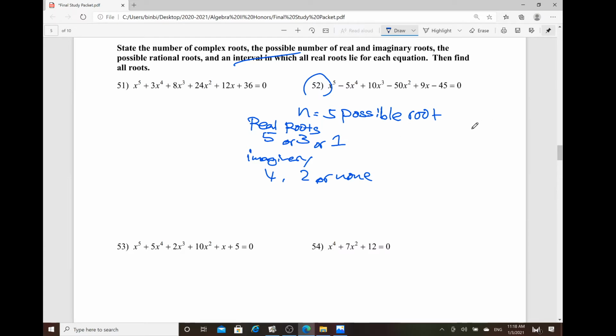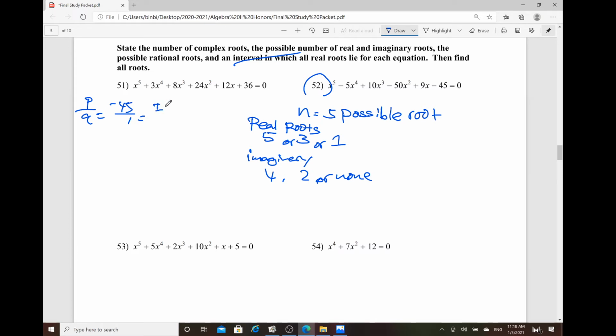So what we need to do is use the theorem P over Q. P is always the possible factors of the constant term, so we got negative 45. And Q is always the possible factors of the leading coefficient, so it's 1. So you want to find all the possible factors of negative 45.